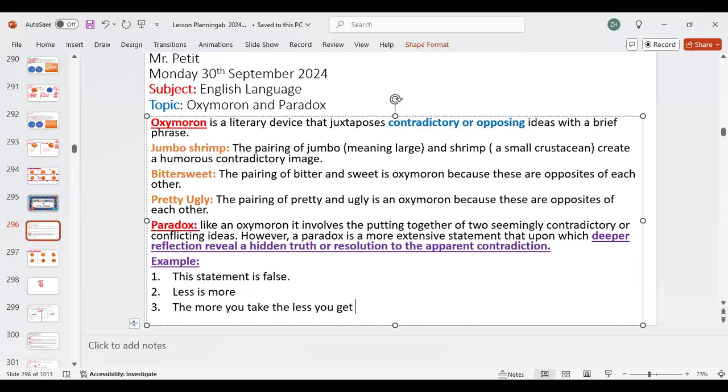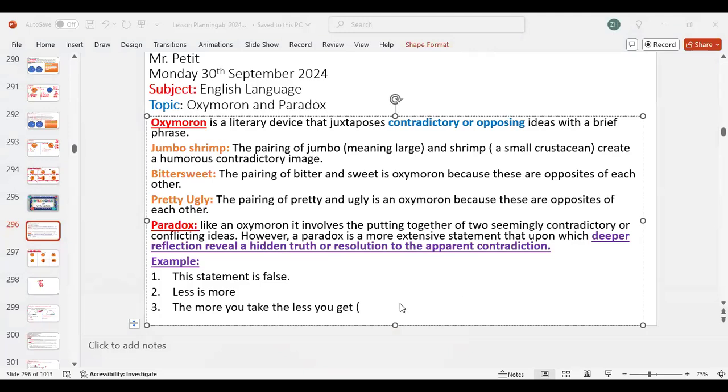Why is that paradoxical? So let's explain it. What goes around comes around. If you take something, you're supposed to get it. Yes. But it's saying you get less. Exactly.